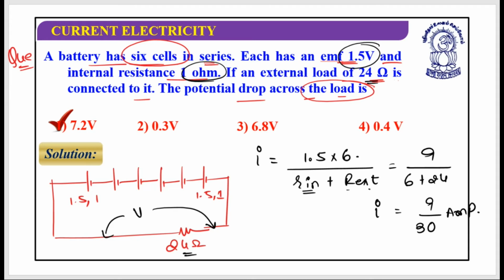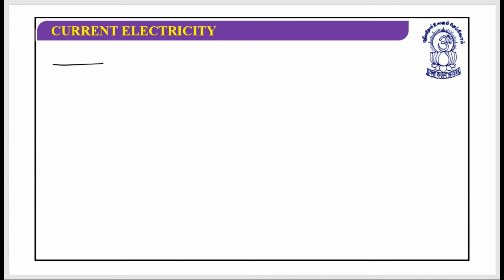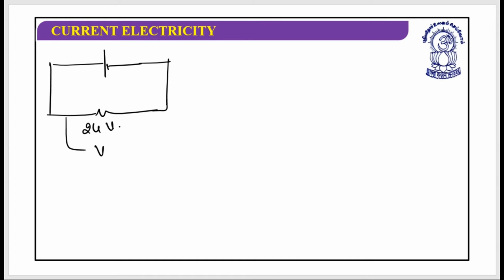So this is the current. Now, what I want, this is the situation. 24 ohm, and I need to calculate the potential difference across this. It's 24 ohm, and this is 9 volt, 6 ohm.